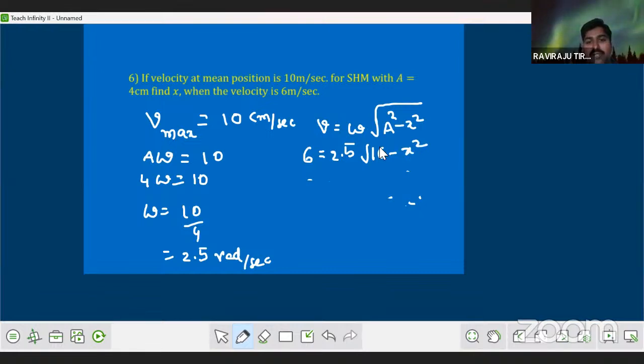X square, x value, we don't know. That you have to calculate. Then 6 by 2.5 equal to root over 16 minus x square. What is 6 by 2.5?